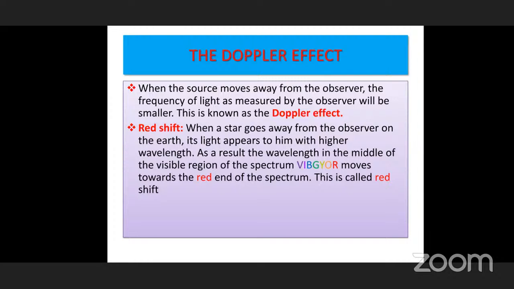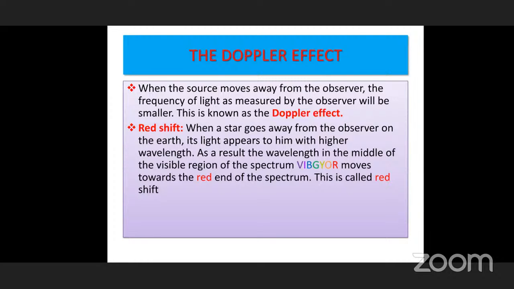So in the VIBGYOR, what is the higher wavelength? What is the lower wavelength? Red is the maximum wavelength and violet is the minimum wavelength. In between these two, the remaining colors exist in VIBGYOR. So you should remember, when it is moving away, the wavelength seems to increase.